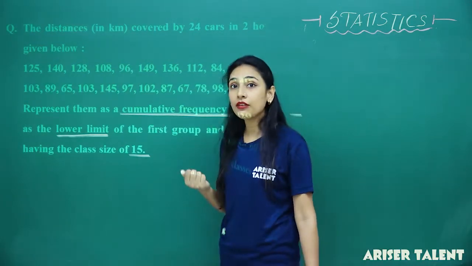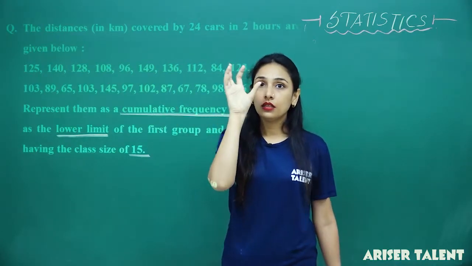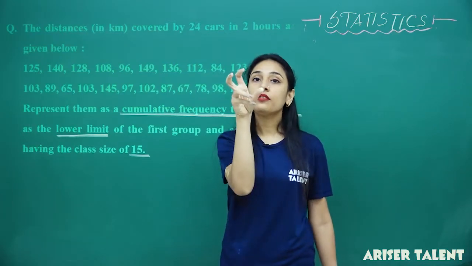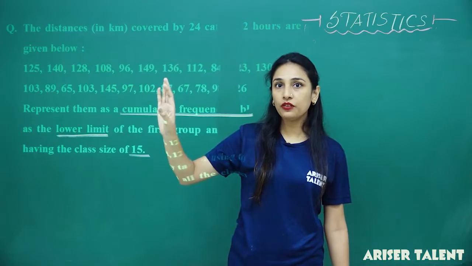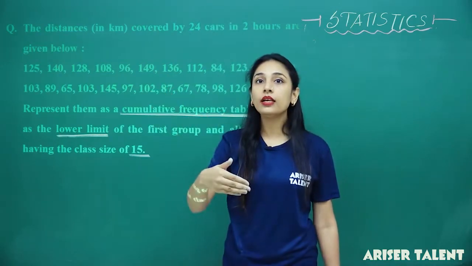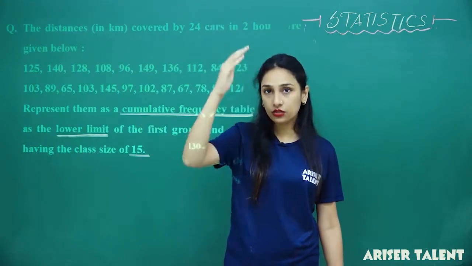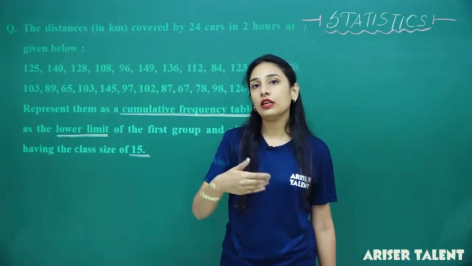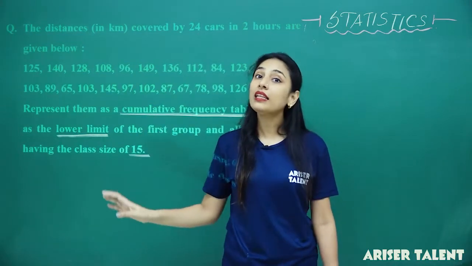After writing the frequency, take the first frequency, add it to the second and you will get the cumulative frequency of these two, then add it to the next and you will get the cumulative frequency of these 3, and so on till the last one.